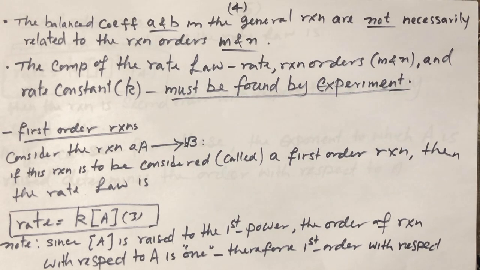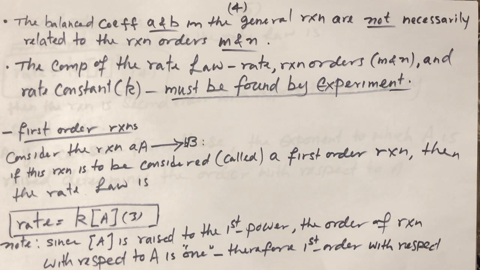They must be found by experiment. And in the next section, we are going to take a look at that particular experiment, which is called the method of initial rates, to determine M, N and K, therefore all the components of the rate law, and therefore the rate expression itself.